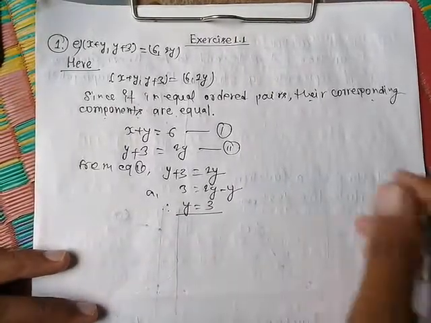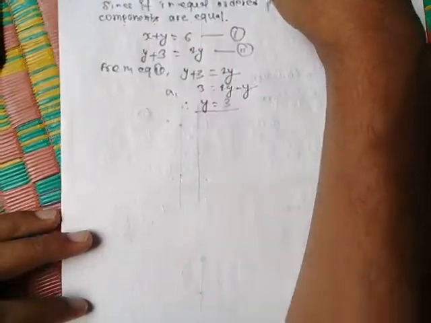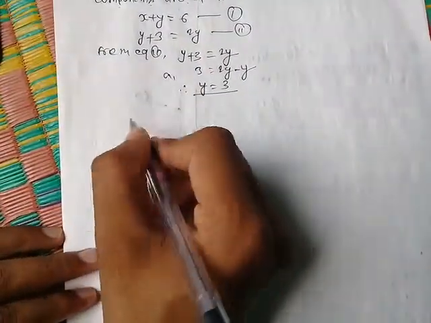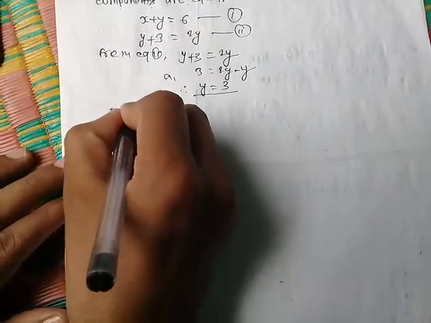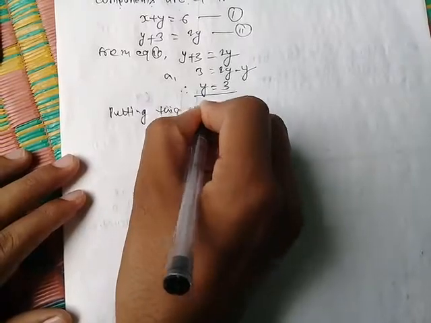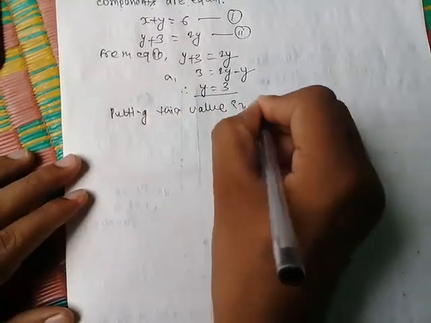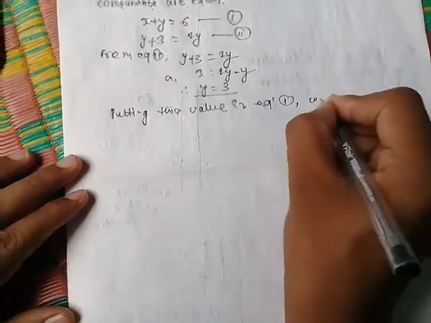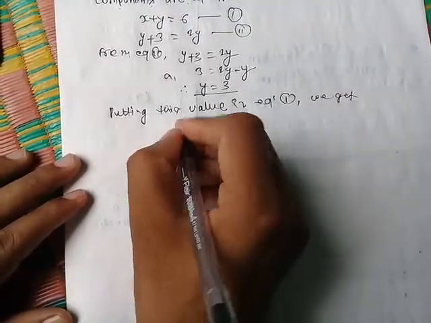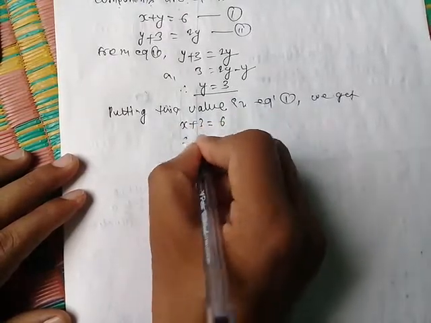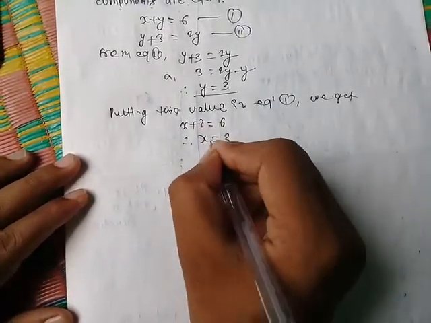Now putting this value in equation 1, we get x plus 3 is equal to 6, therefore x is equal to 3.